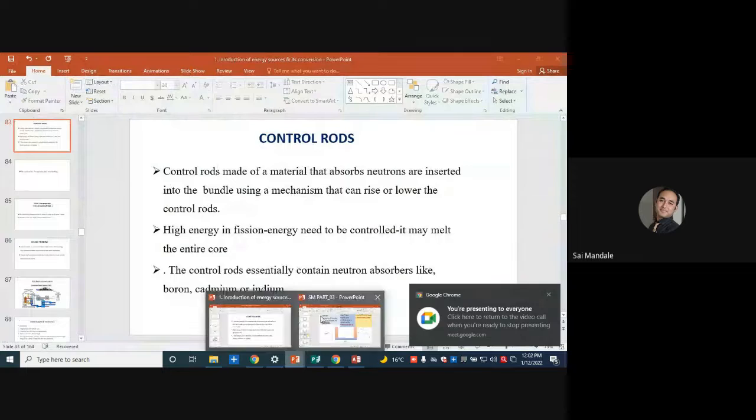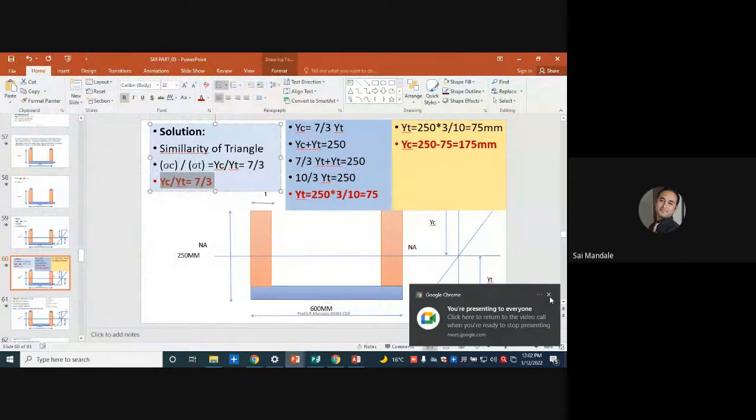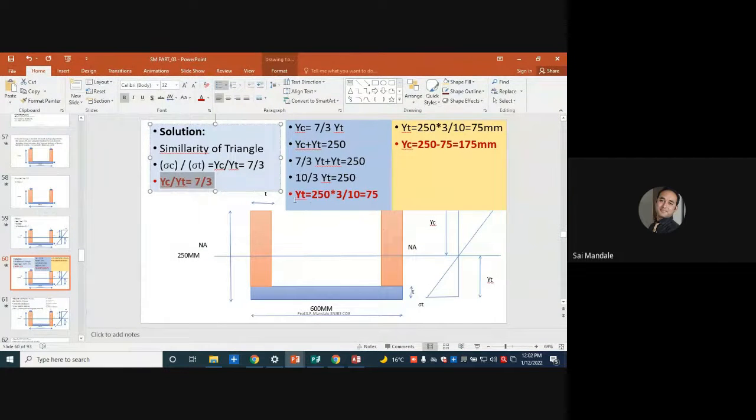The diagram is there in front of you. If yt is equal to 75 and yc is equal to 175, what is the value of y bar? Anybody else?